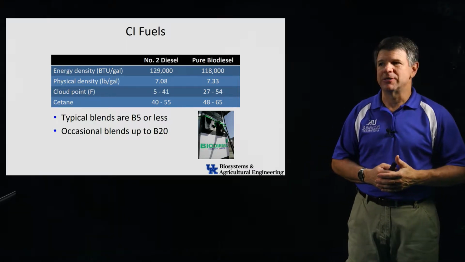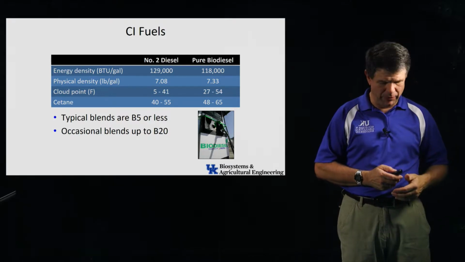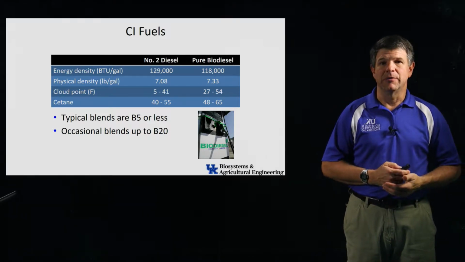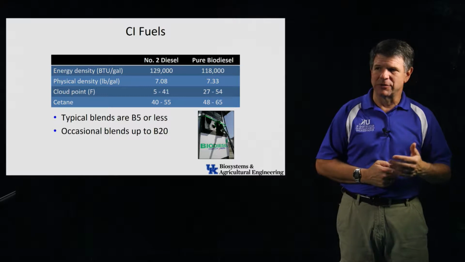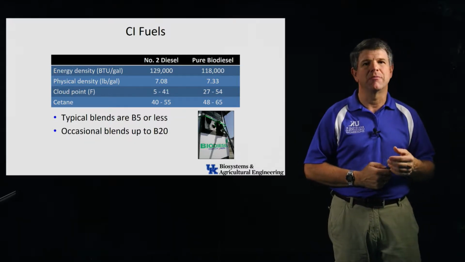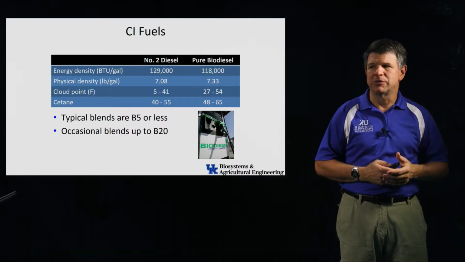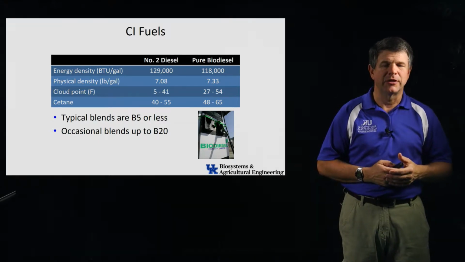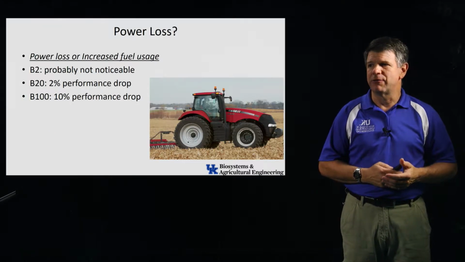So cloud point is a critical thing for us, and the flowability of these fuels to be able to keep them working. Okay, so again, we see some differences. So these are all fuels, and most of our engines can burn both of these in different proportions, biodiesel, ethanol, and everything else. So that is going to affect our performance.